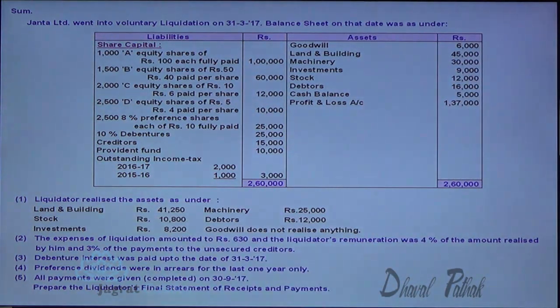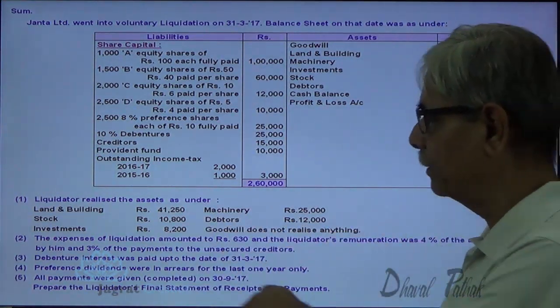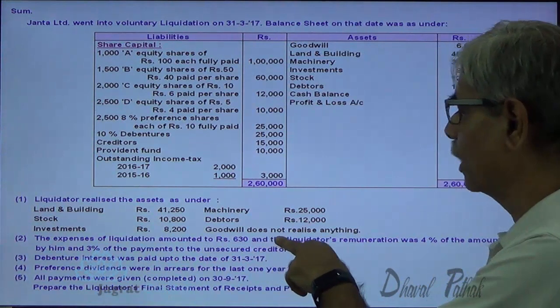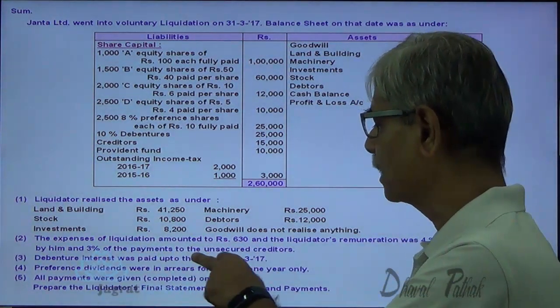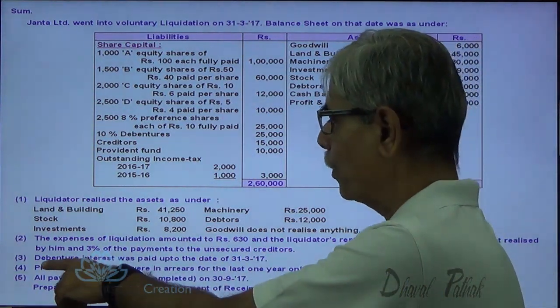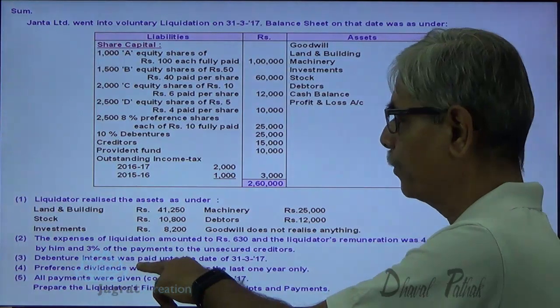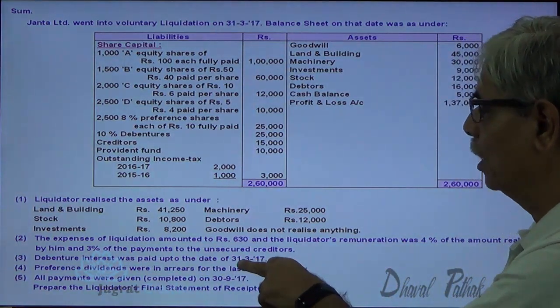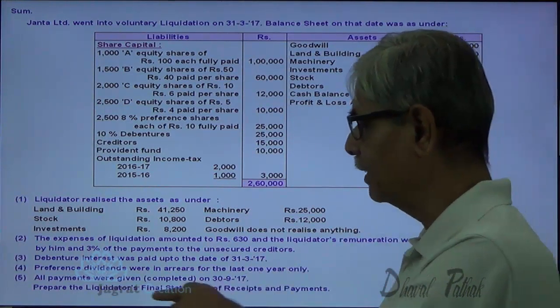Liquidator realized the assets as under: land and building, stock, investment, machinery, debtors. Goodwill is not realizable. The expenses of liquidation amounted to 630 and liquidator's remuneration is 4% of the amount realized and 3% of the payment to unsecured creditors. Debenture interest was paid up to the date on 31st of March 2017.